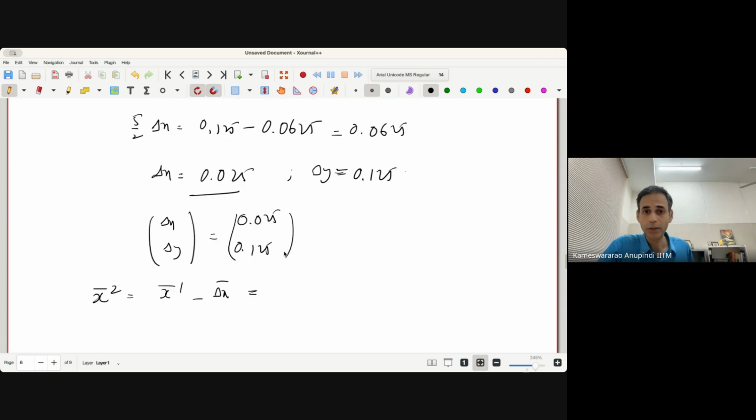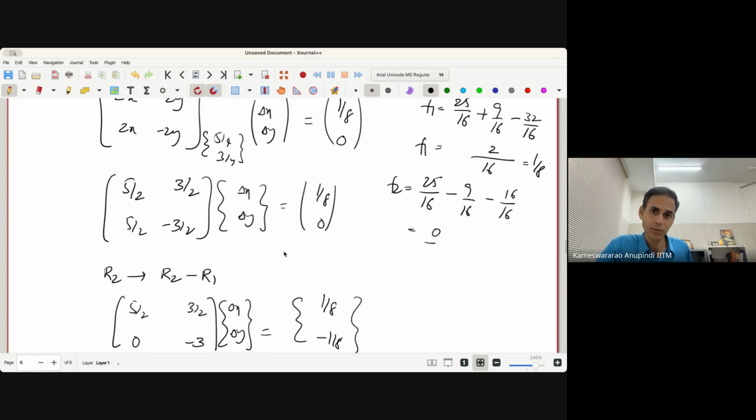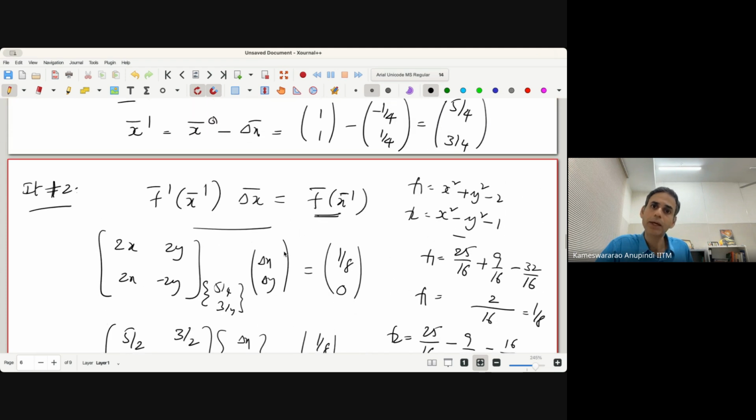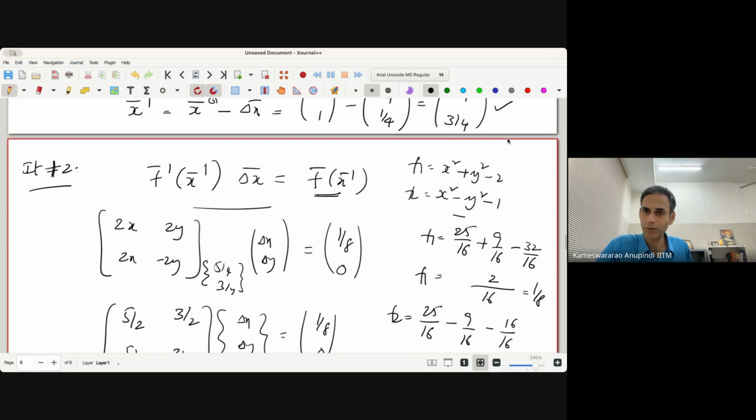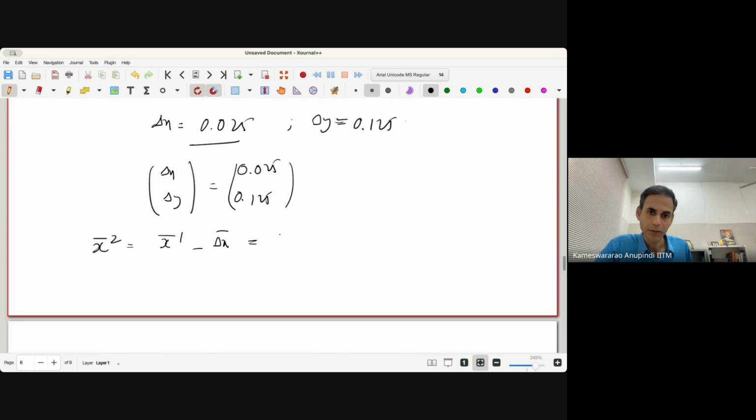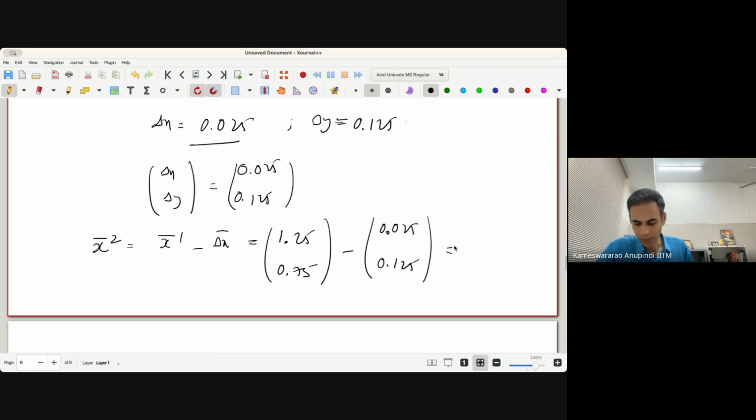X bar 1 we have obtained as 5 by 4, 3 by 4, that is 1.25, 0.75, and then minus 0.025, 0.125. If I calculate this, 1.25 minus 0.025 is 1.225, and then 0.75 minus 0.125 is 0.625.